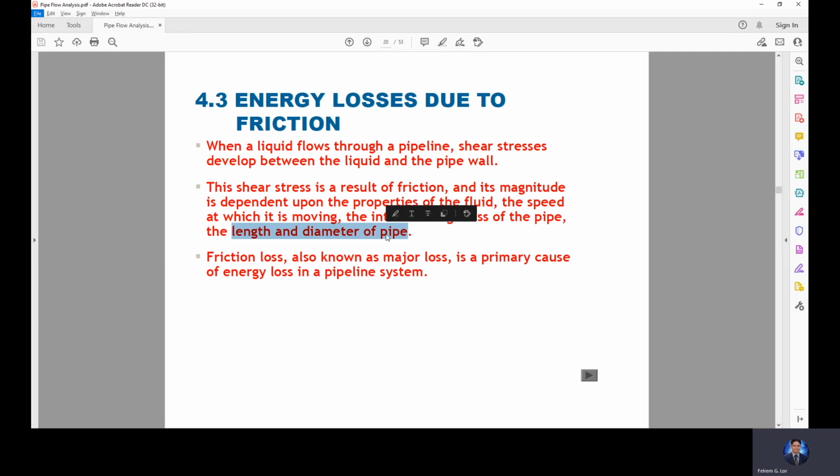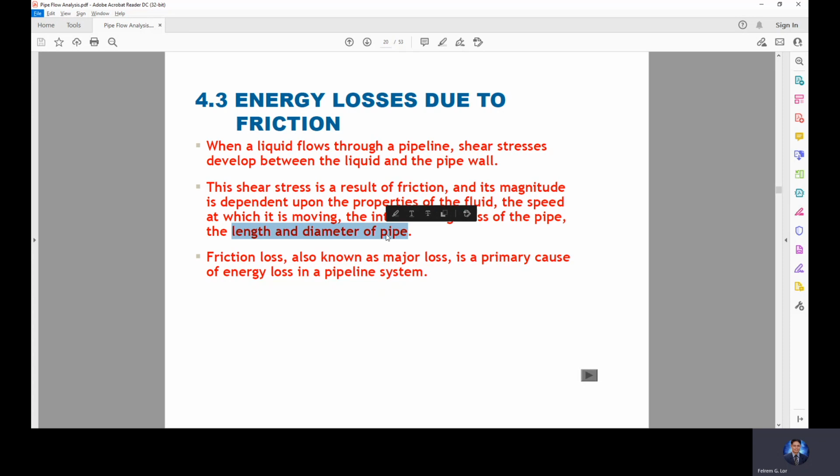There are other causes of energy loss in a pipe system that we call minor losses. Like faucets, gates, and joints, which change our flow. As we discussed earlier, if your flow changes direction, we have what we call a change in momentum, so there is a loss of energy due to that change in direction.